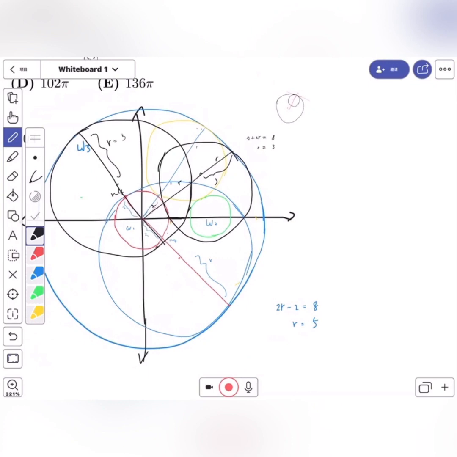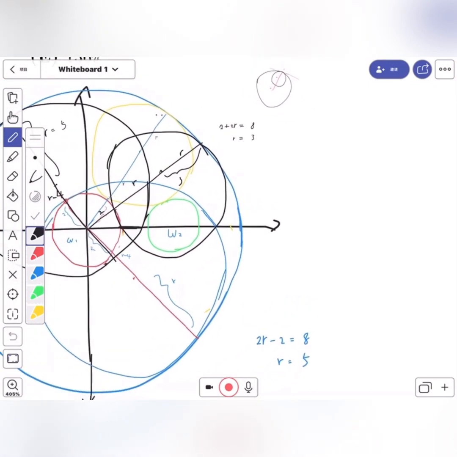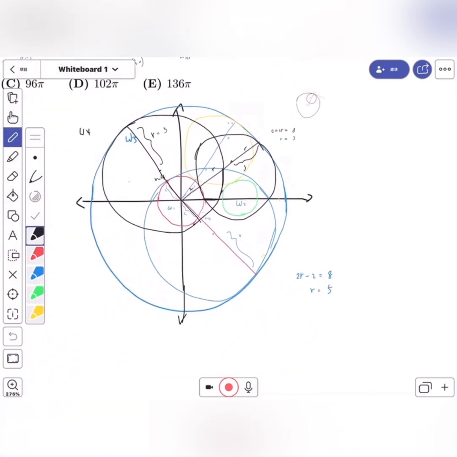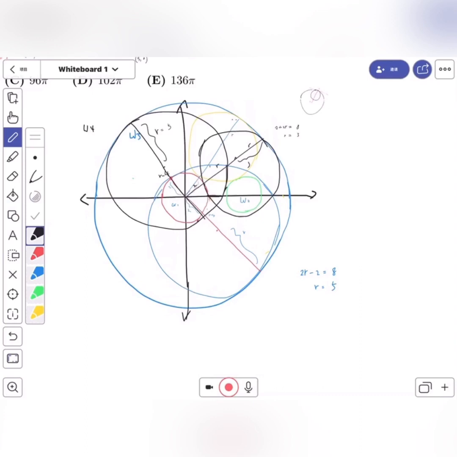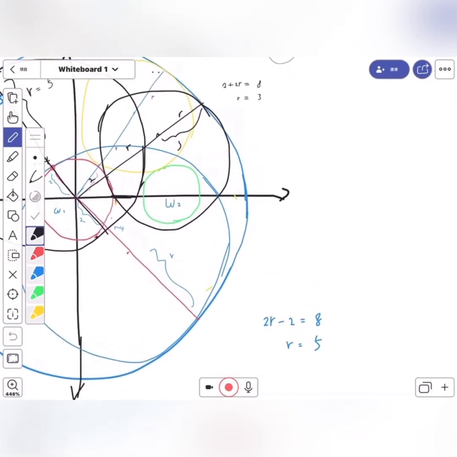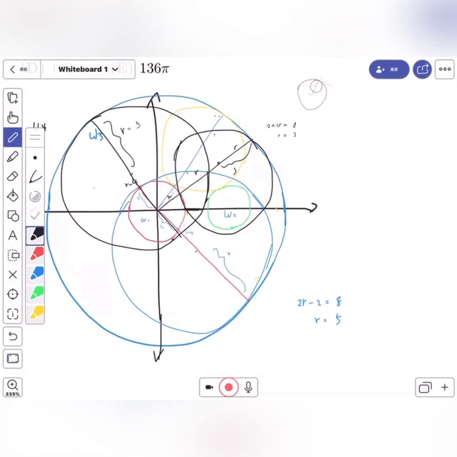So basically, we have a total of 4 cases. And we can see that for all of the cases, we can literally just create a new case that has the same area but a different case. So we have to add all the 4 cases, add the area of all the 4 circles, but we have to multiply by 2 to account for the symmetry.